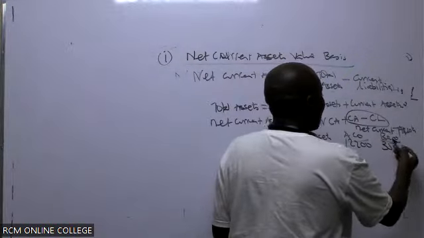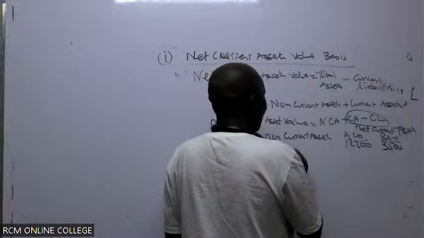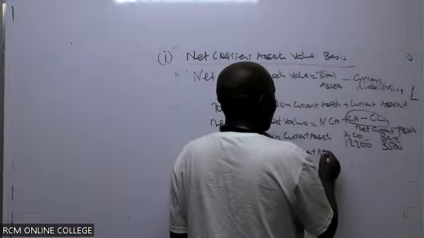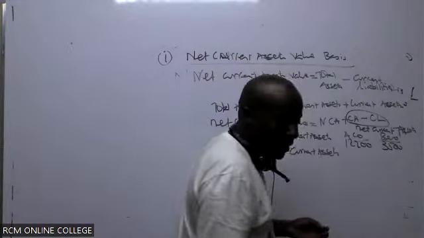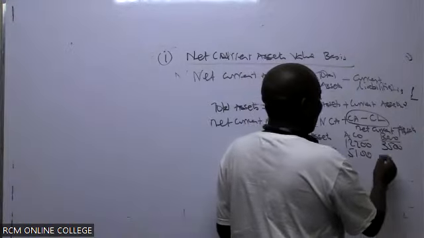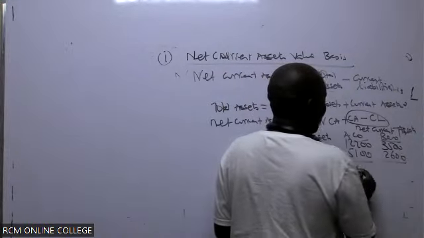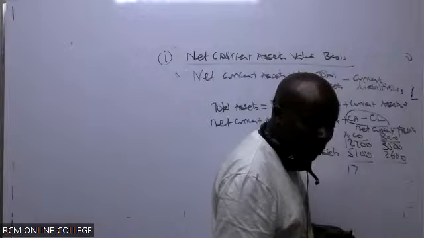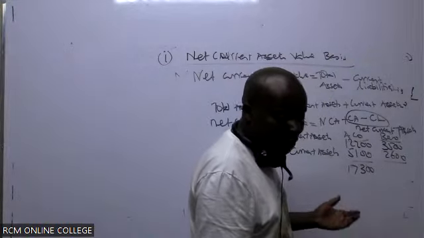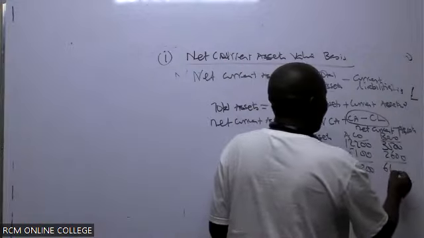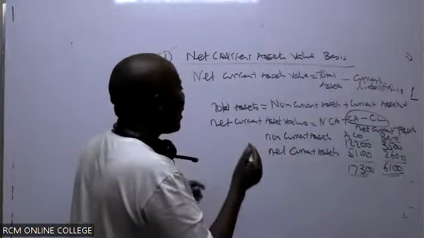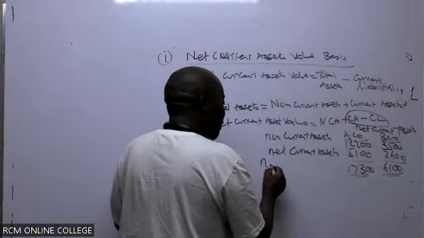Then the net current assets: what do we have there? 5,100, and that's how they got these figures of 17,300 versus 6,100. So these are our net current asset values.